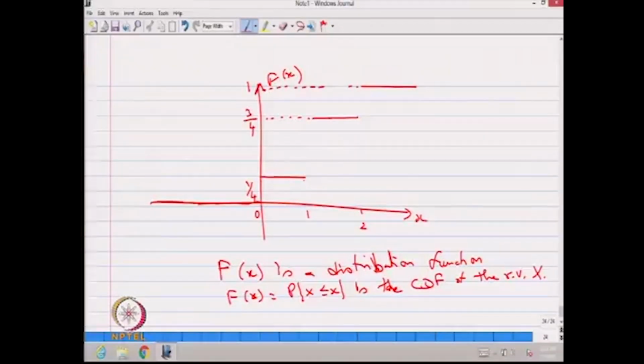The one example which I have created has only jumps; we can create an example of no jumps, and an example of jumps as well as increasing in some interval. So, this is the easiest example. In the next class we will classify the random variables based on the CDF of the random variable.